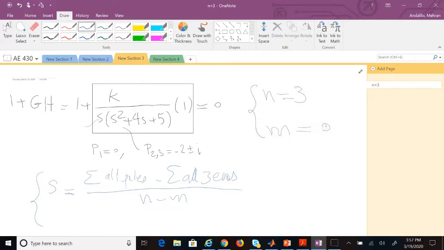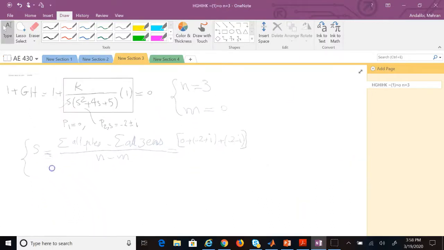So first of all, we're going to have 3 branches, and then if we find the location of the asymptotes' intersection with the real axis, it's going to be what? Summation of all poles, which is 0 plus negative 2 plus i plus negative 2 minus i. This is summation of all poles, right?